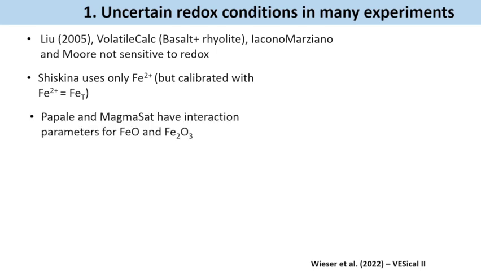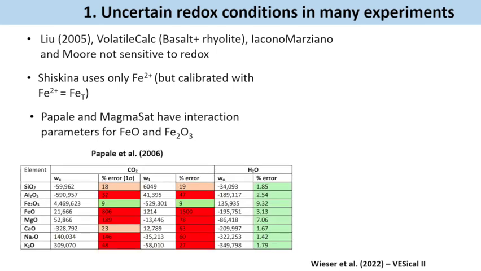The interesting ones are Papale and MagmaSat. They have interaction parameters which describe how the melt composition affects solubility for both FeO and Fe2O3. The really interesting one for this is Papale's model from 2006. This is extremely redox sensitive, and you can see this by looking at the coefficients for the Fe2O3 and the FeO term.